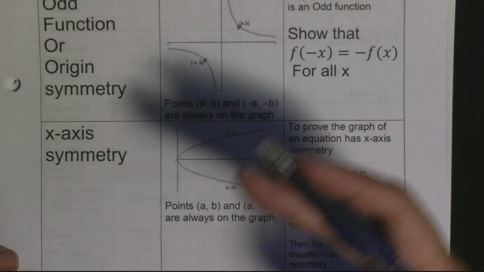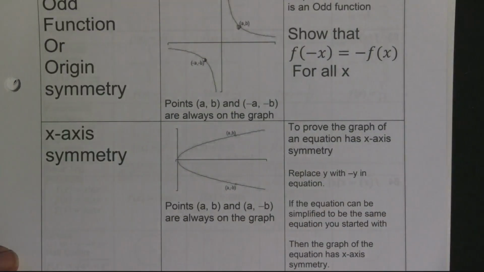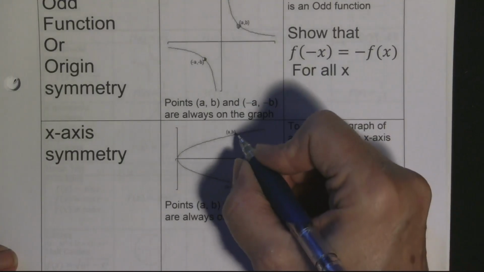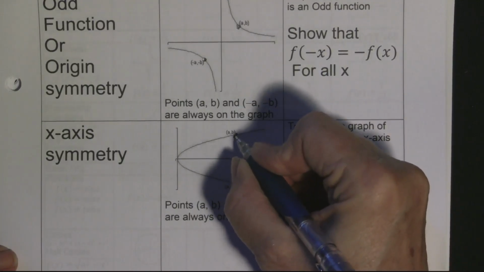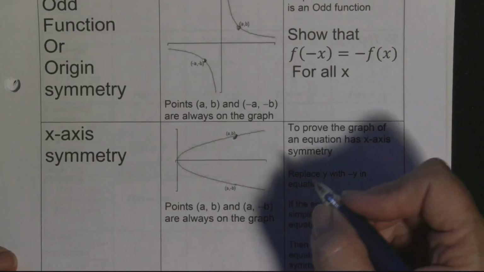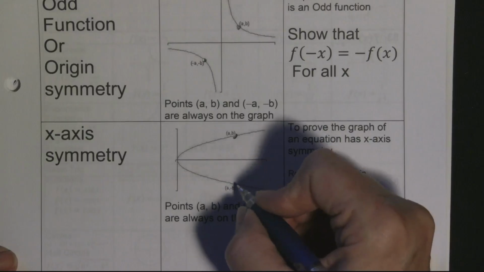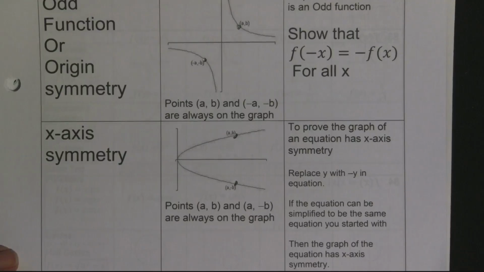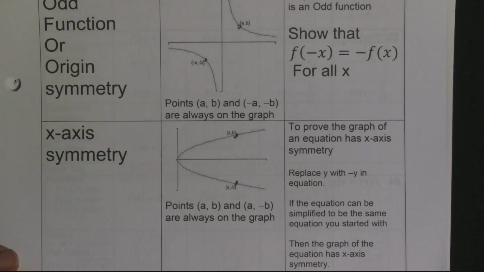So if you were talking about the symmetry, you would say it has x-axis symmetry, but you wouldn't call it some kind of a function. And for these graphs, if a point AB is on the graph, then the point A, negative B is on the graph. And so they would be symmetric with respect to the x-axis.